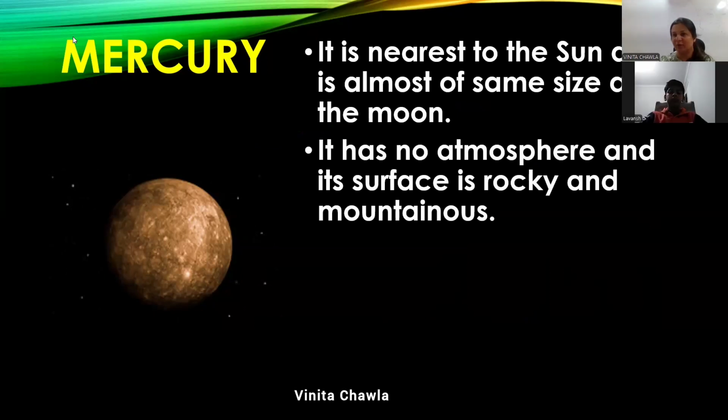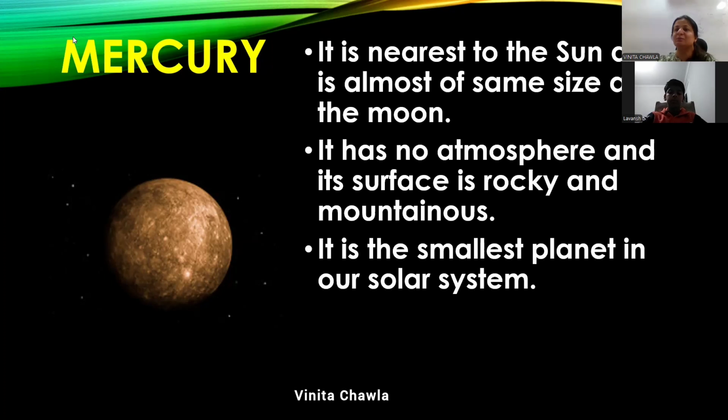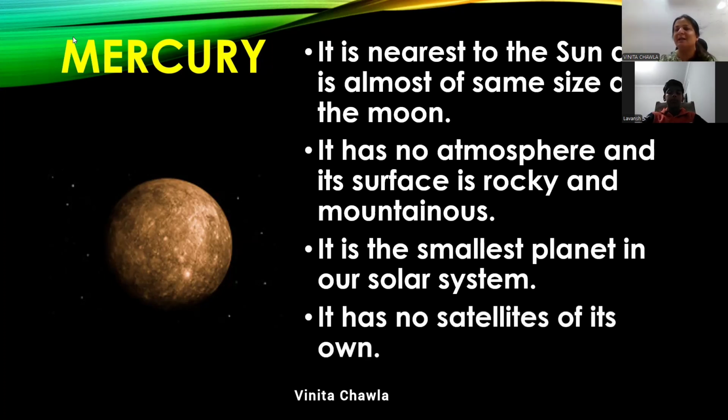We have mountains everywhere on the surface of Mercury, and it has no atmosphere of its own. It is the smallest planet in the solar system, and it has no satellites of its own. No natural satellite revolves around Mercury.